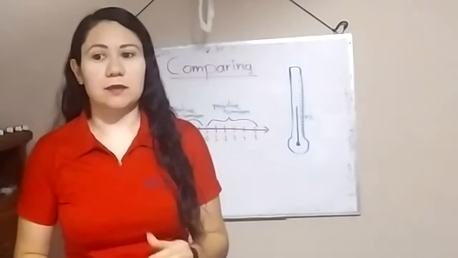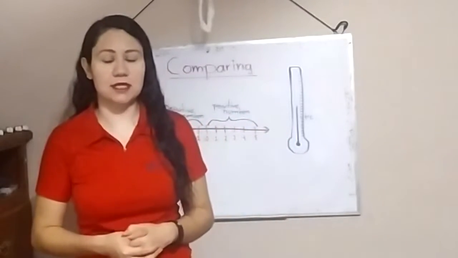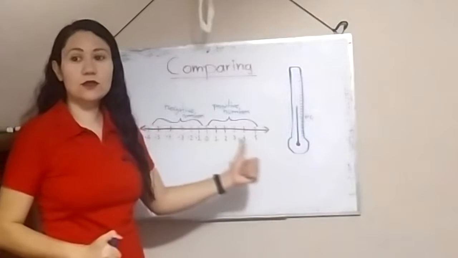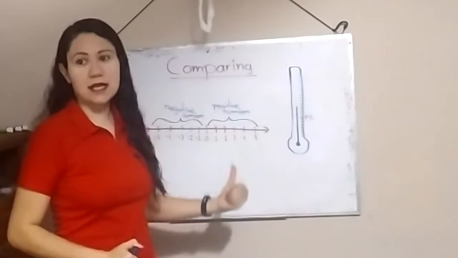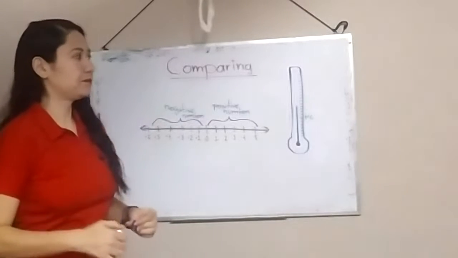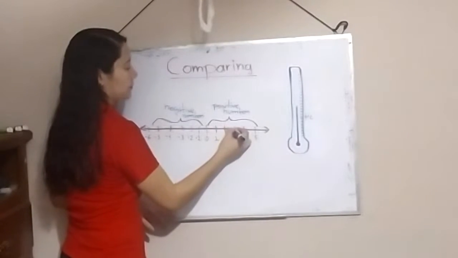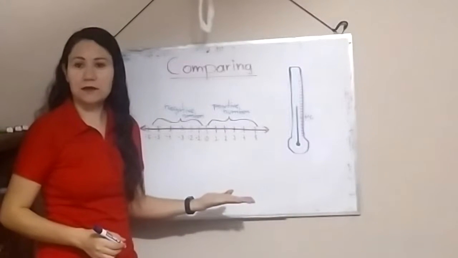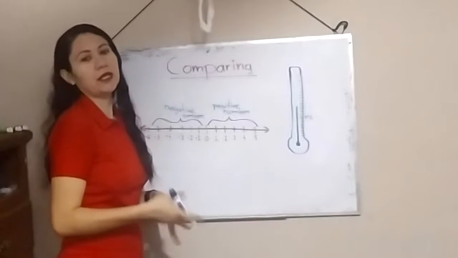We have new concepts. We have opposite numbers. What are opposite numbers? They are numbers that are at the same distance to zero in the number line, but on different sides. For example, here we have number 3. To the right of the zero, it's positive 3. We don't usually say positive 3, but it is.